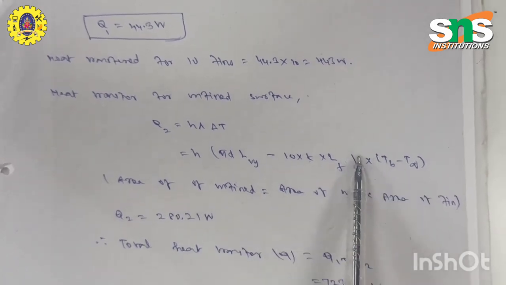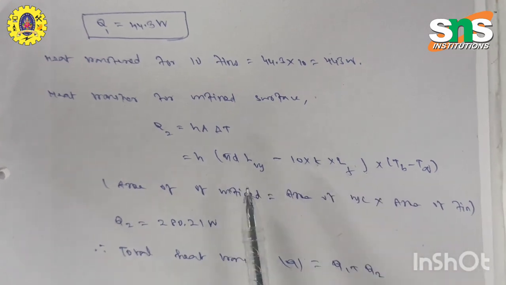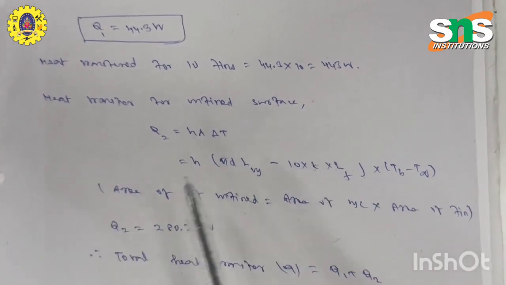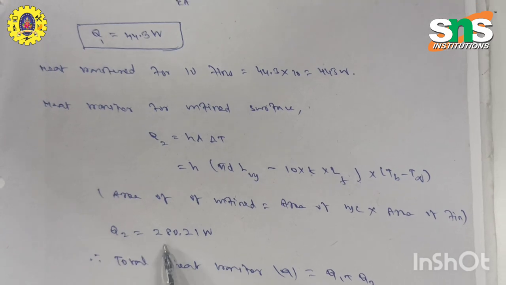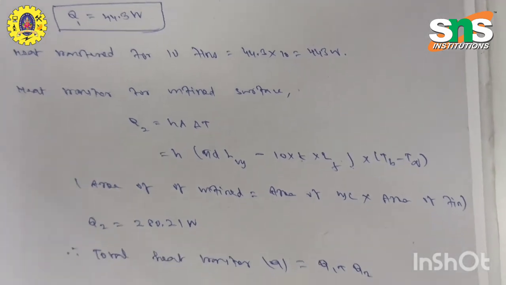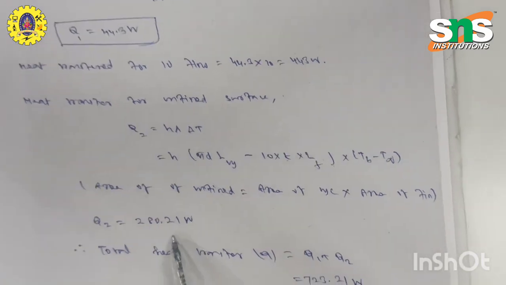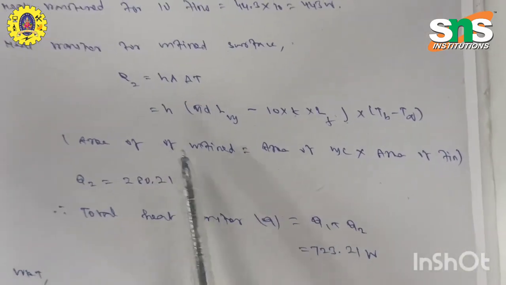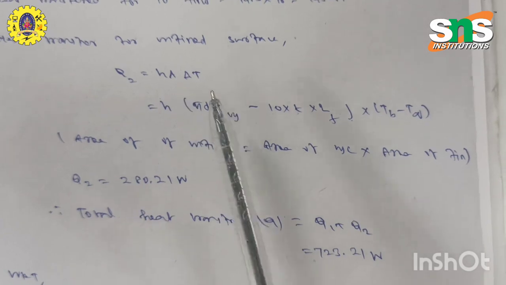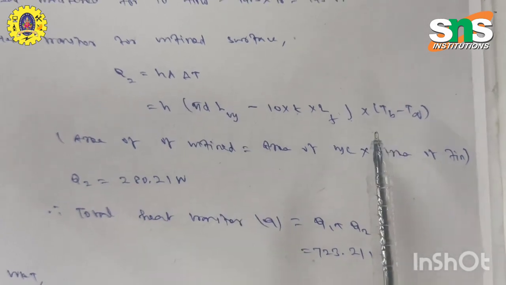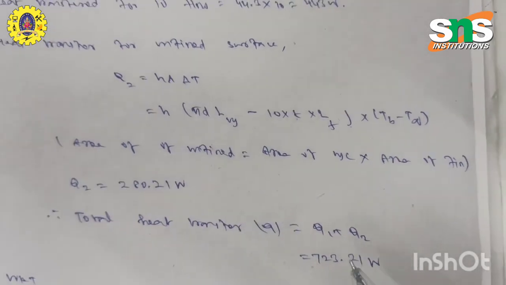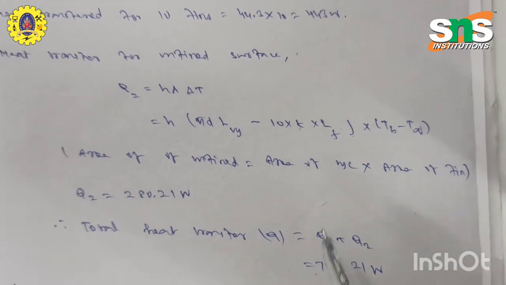So we substitute all the given data in this equation. We get Q2 of the unfinned surface as 280.21 watt. So finally, the total heat transfer is the short fin heat transfer plus the unfinned surface heat transfer, Q1 plus Q2, is equal to 723.21 watt.